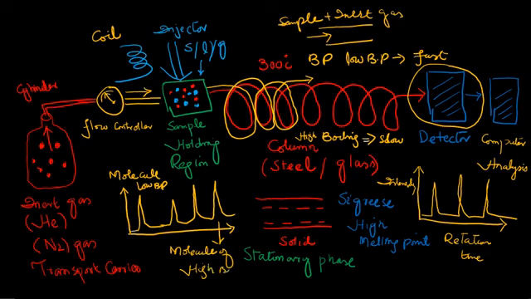So in this way, the molecules will be transported and reach the detector, and the detector will analyze the molecules on the basis of retention time. Retention time is the time for which different types of molecules of a complex compound remain inside the column of the gas chromatograph.